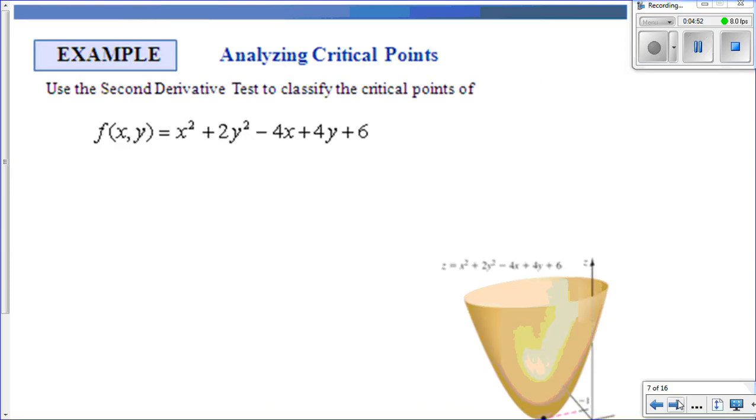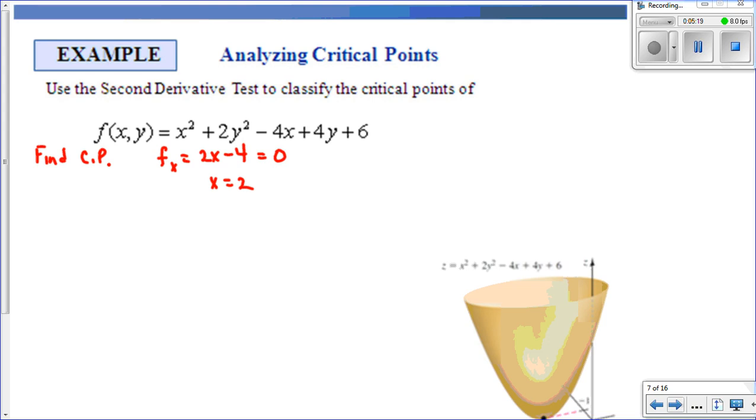Okay, so now let's use the second derivative test to classify the critical points of this function. First, find the critical points. We'll do that by finding where the partial derivatives are both 0. The partial with respect to x will be 2x minus 4. That partial will be 0 when x is equal to 2.